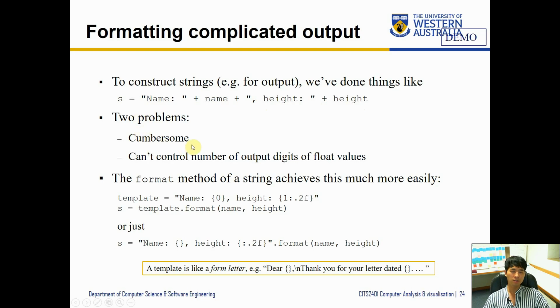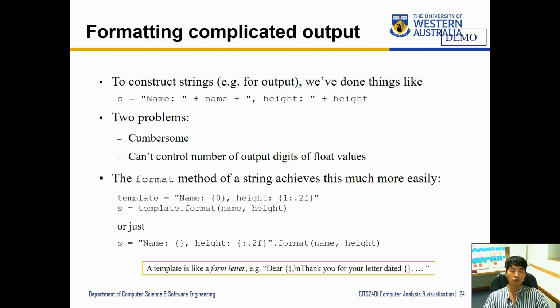One is it's cumbersome. You need to type out lots of pluses, and you need to put instructions into the strings all the time, and you can't really control the number of output digits of float values. When we print float values, we don't want to overload the text with a bunch of decimal points.